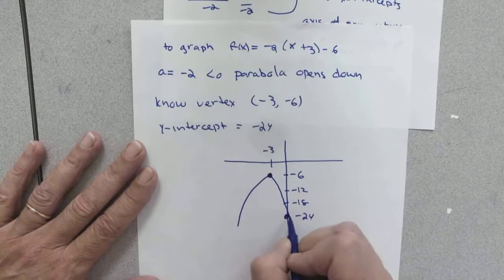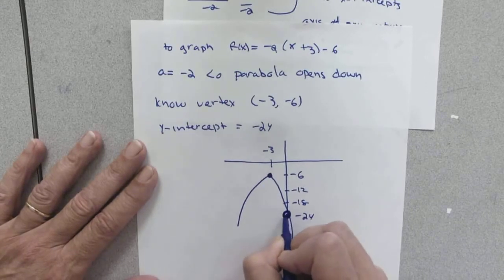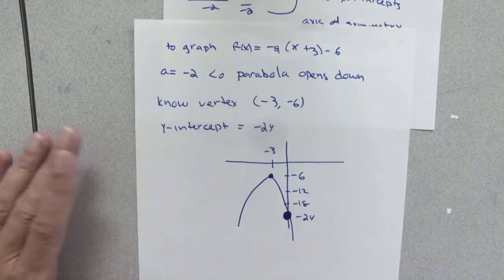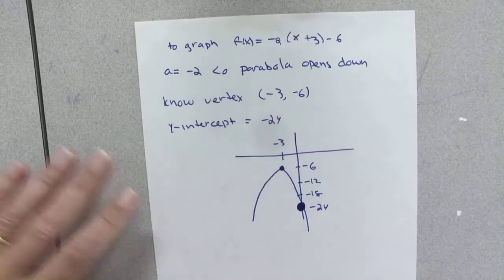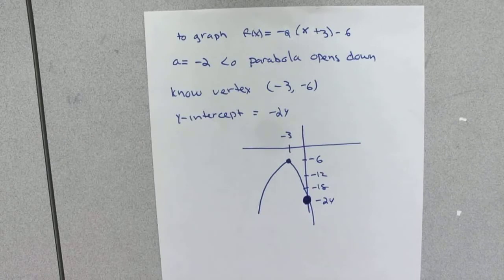I missed my y-intercept a little bit, so we'll just make the point bigger. And there's my graph. Now they ask us for one last piece of information, the domain and range, which we will get on the next video. So there's a little cliffhanger. What's the domain and range going to be?